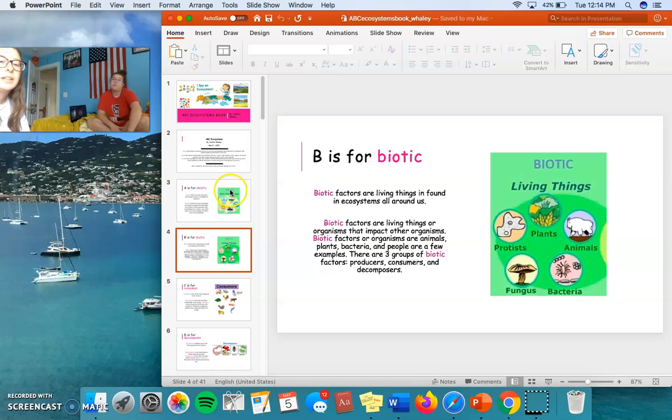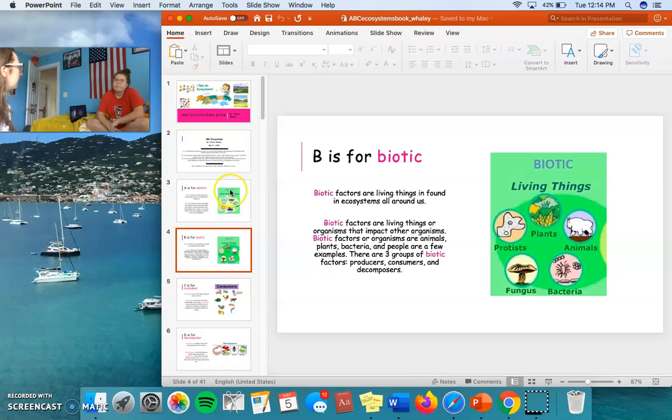Biotic factors are living things found in ecosystems all around us. Biotic factors are living things or organisms that impact other organisms. Biotic factors or organisms are animals, plants, bacteria, and people. There are three groups of biotic factors: producers, consumers, and decomposers. And here we have a picture of different biotic things.